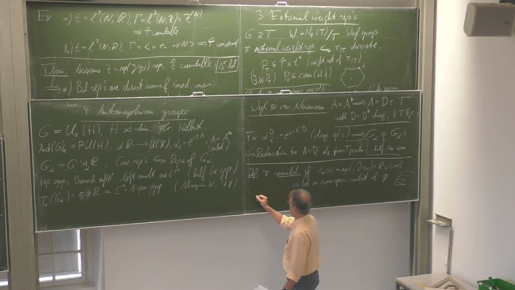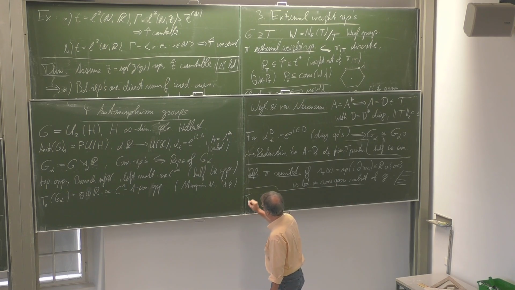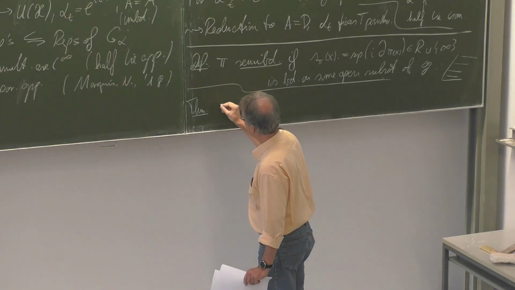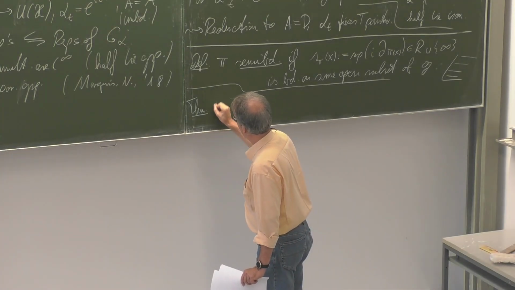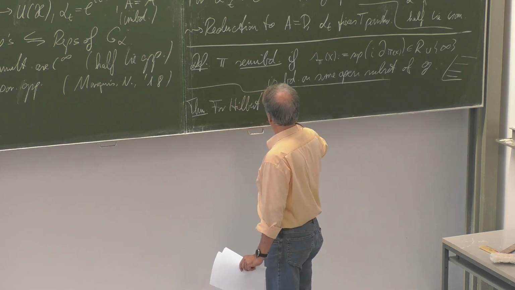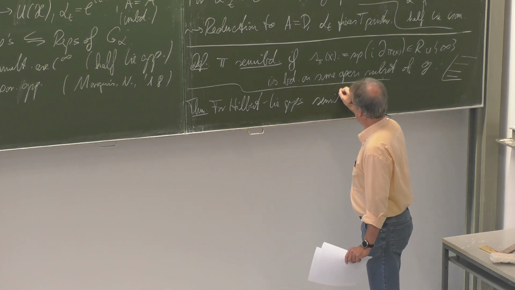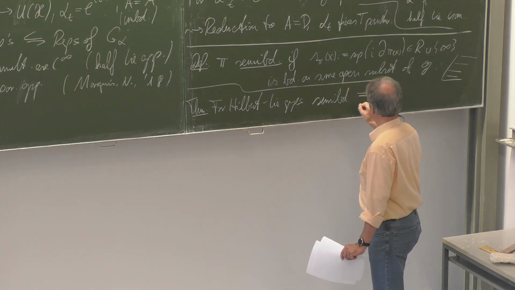And then maybe I cut this short by saying that if we have Hilbert Lie groups, semi-bounded implies bounded.